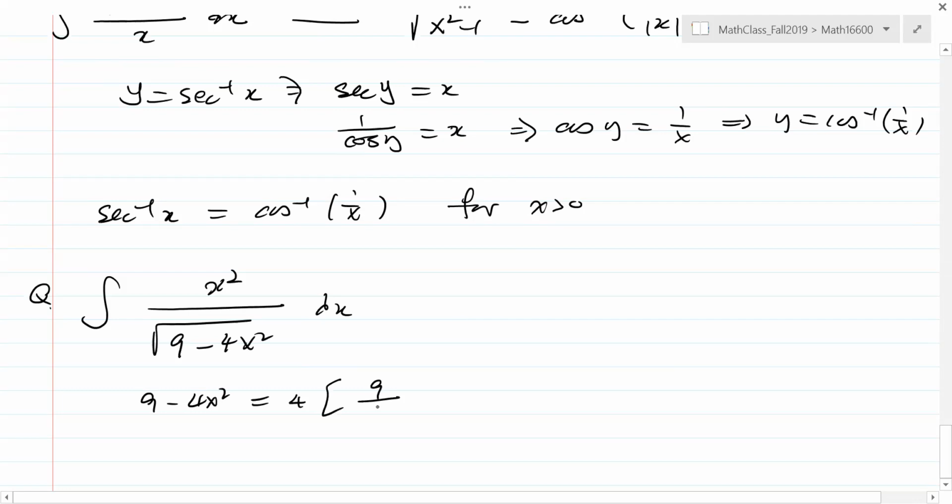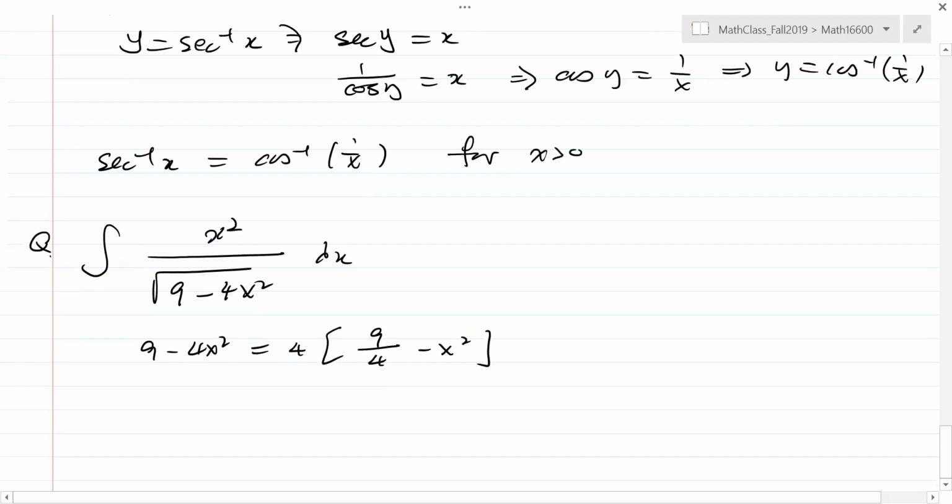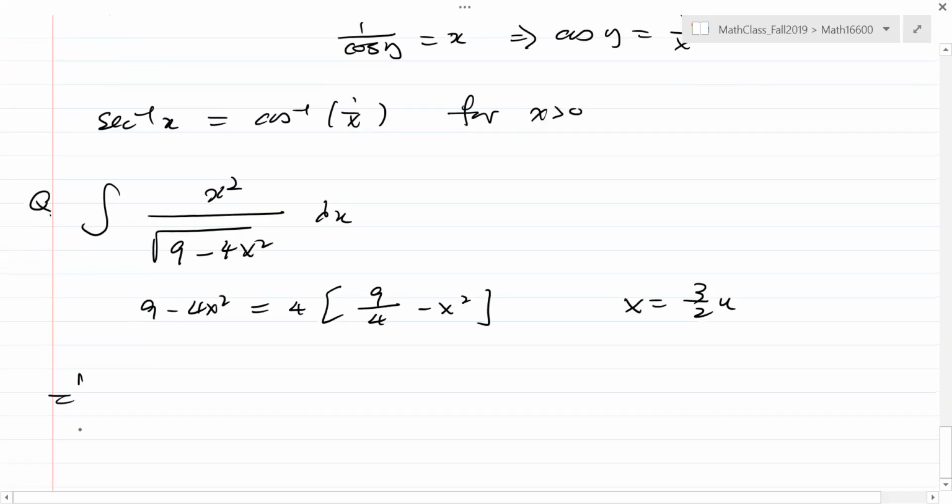I get 9 over 4 minus x squared. So I think my x should be equal to 3 over 2 u. Then you square it, then you get 9 over 4. You can take it out. So this is the idea. Okay, so that's a substitution.